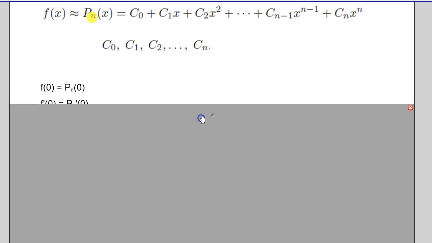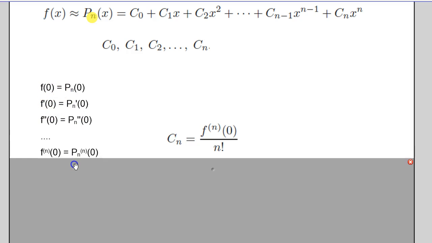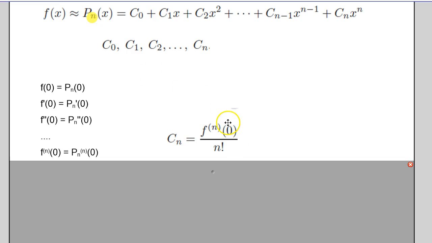And the way that you can figure this out is using the conditions we know: the function value at x equals a must match for the Taylor polynomial, and not only for the function but also for the first derivative, the second derivative, all the way to the nth derivative. And the reason they must match is because it wouldn't be a Taylor polynomial if it didn't.